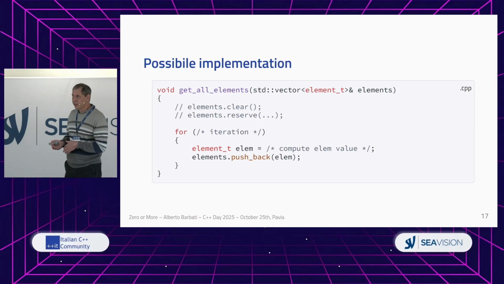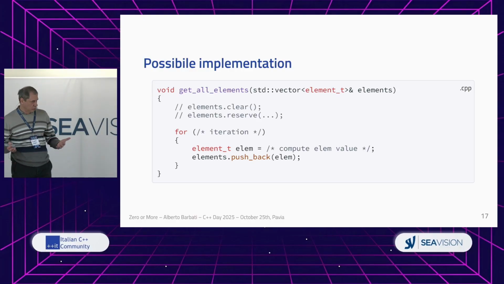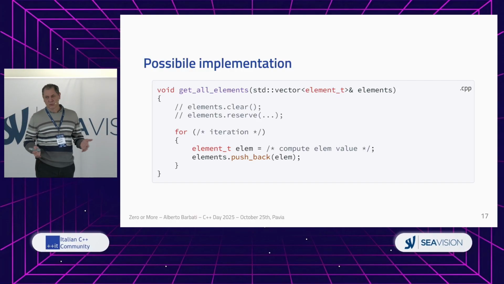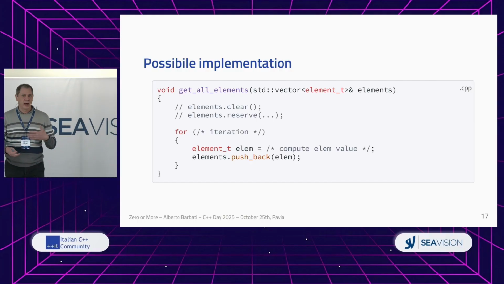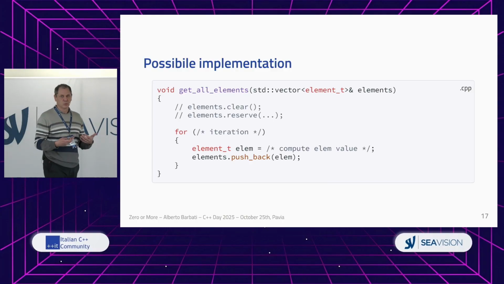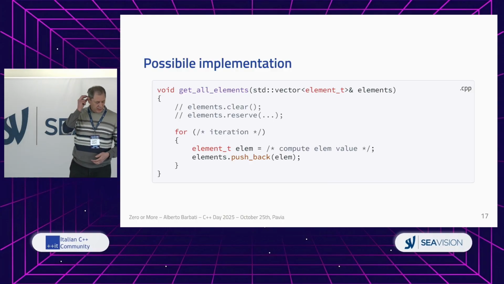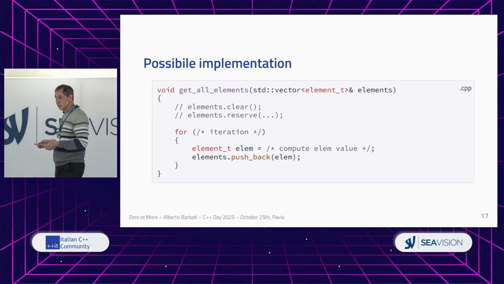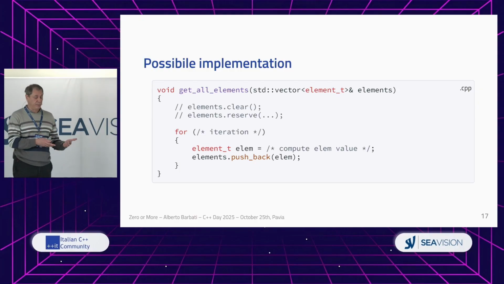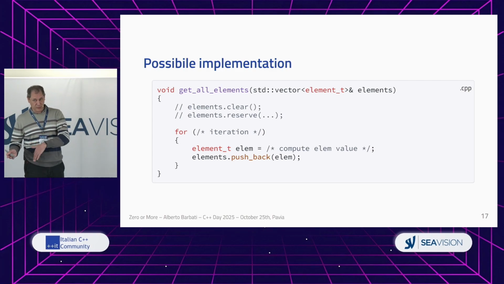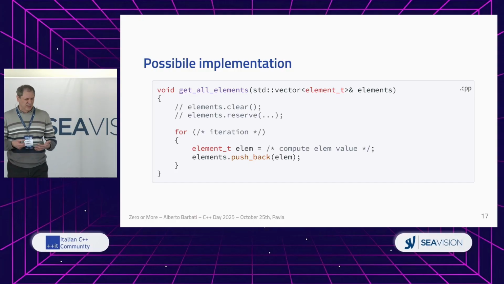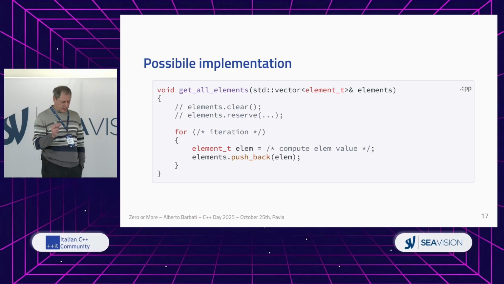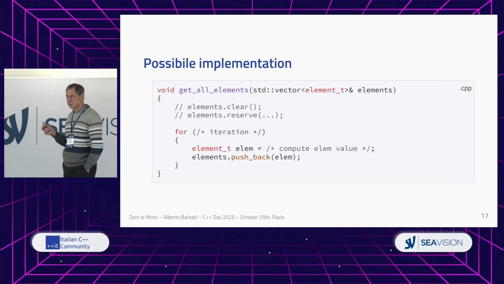We may say that always clearing the buffer is good, but at the cost of clearing a buffer that maybe is already empty. But maybe we actually want to append the data to an existing buffer, so we don't want to clear the buffer. This means that I need to somehow document whether this function clears the buffer and gets the elements into a cleared buffer, or instead appends to the buffer. So it's a little tricky, but you have to document this.